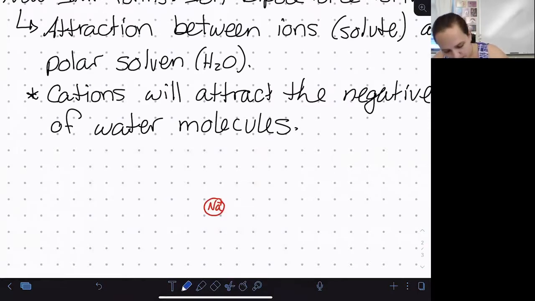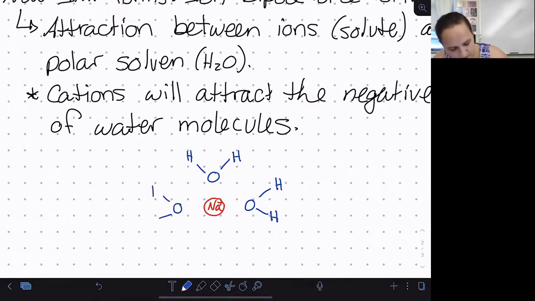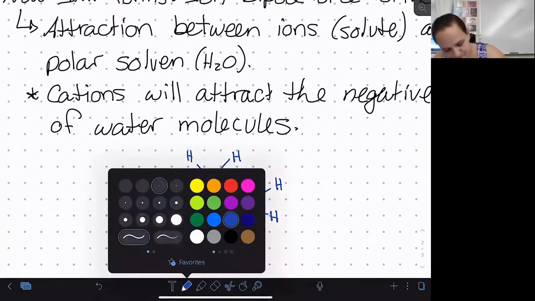So if you were able to zoom in and look specifically at one of the sodium ions dissolved in solution, you would find that the water molecules around it have oriented themselves so that the negative end is pointing towards that positive ion.